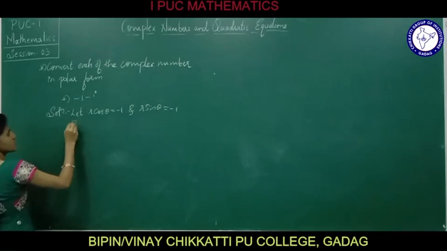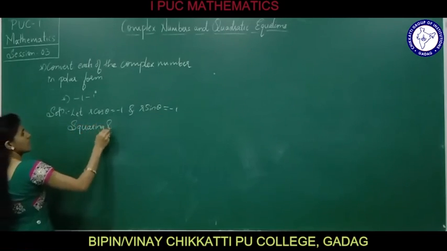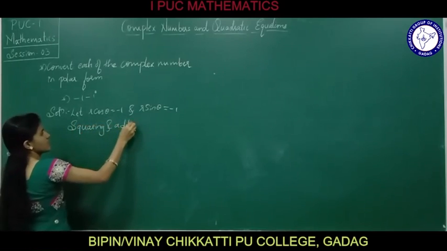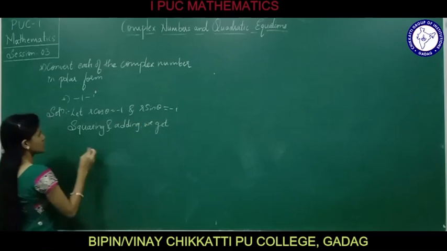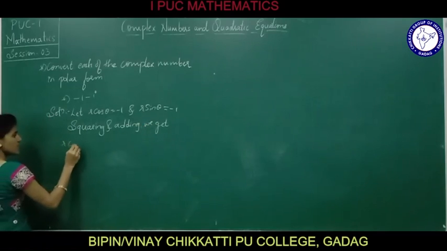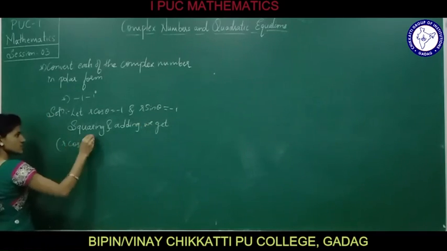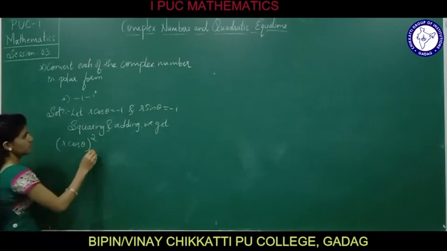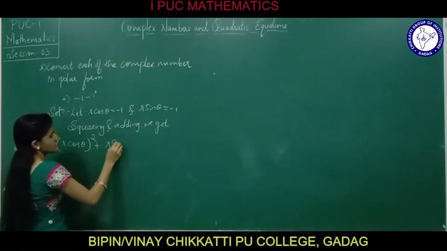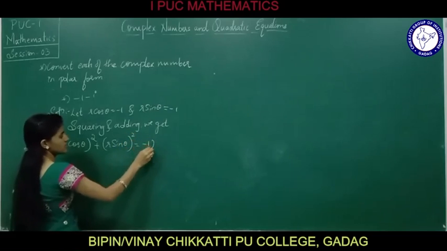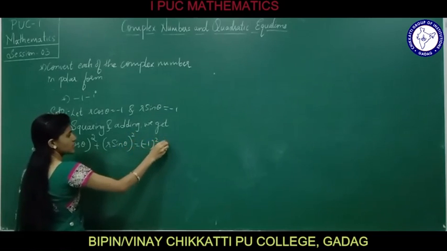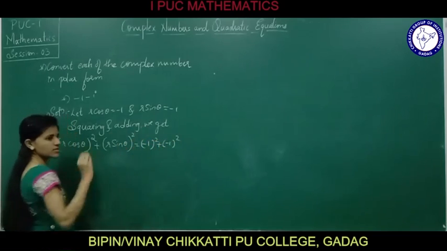Then squaring and adding, we get what? First square it, that is r cos theta whole square plus r sin theta whole square, that is minus 1 square plus minus 1 square.